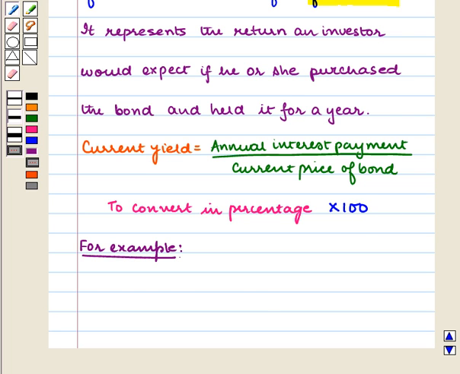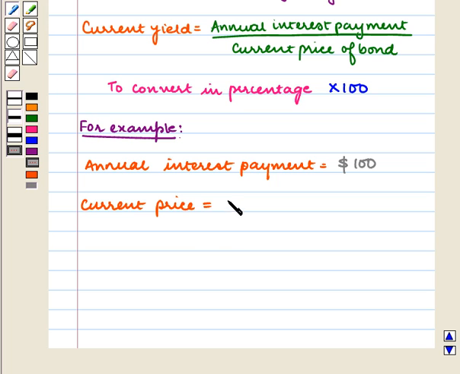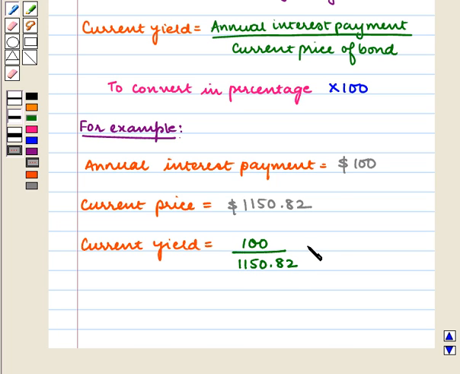For example, annual interest payment is $100. Current price is $1,150.82. Then current yield is equal to 100 upon 1150.82, which is equal to 0.0868.